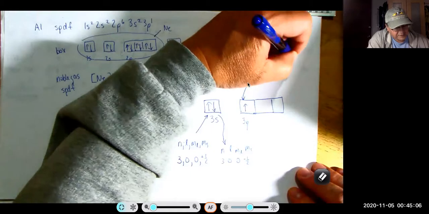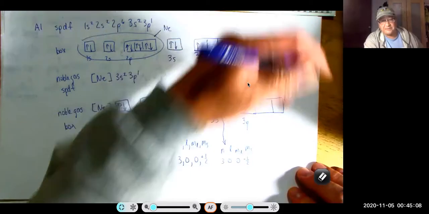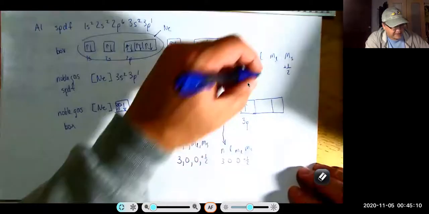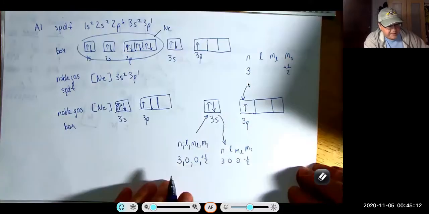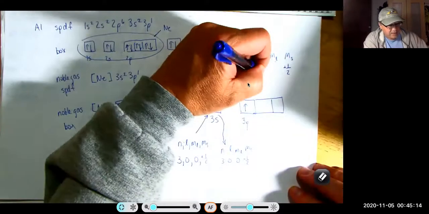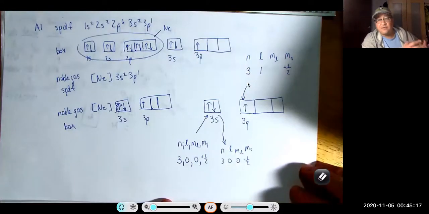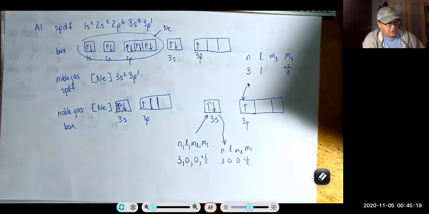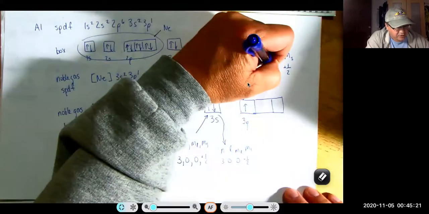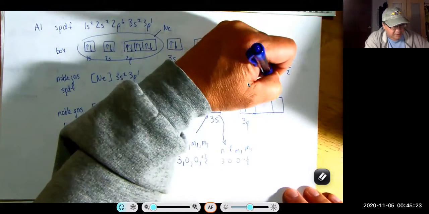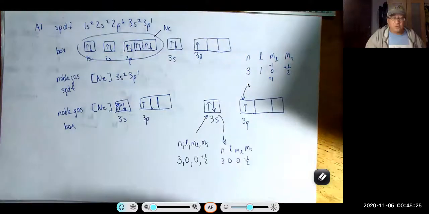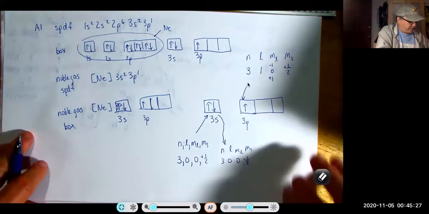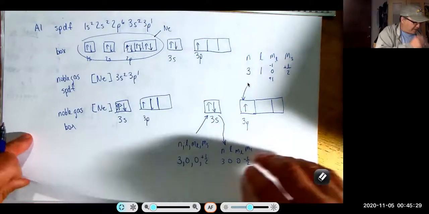Well, I already know m sub s is plus 1/2 because it's arrow up. This 3 means that it's n equal 3. P means l is equal to 1. What is m sub l? You have 3 choices. You could write -1, you could write 0, or you could write +1. It's your choice. One of those. Okay, so that's that problem.